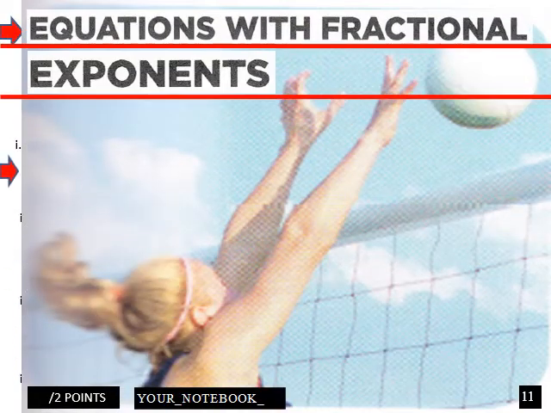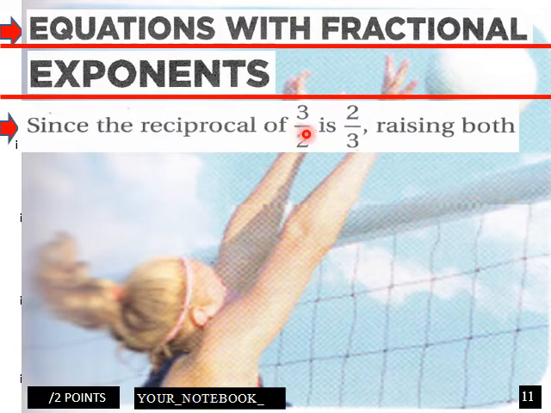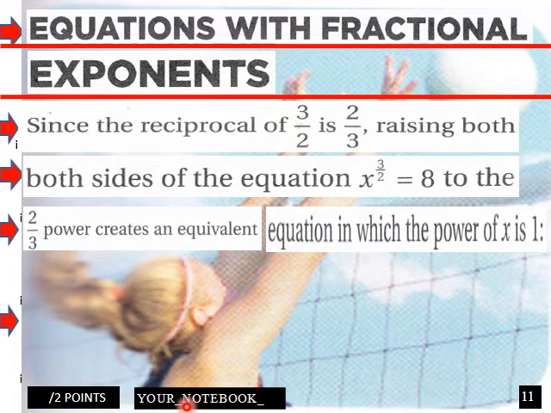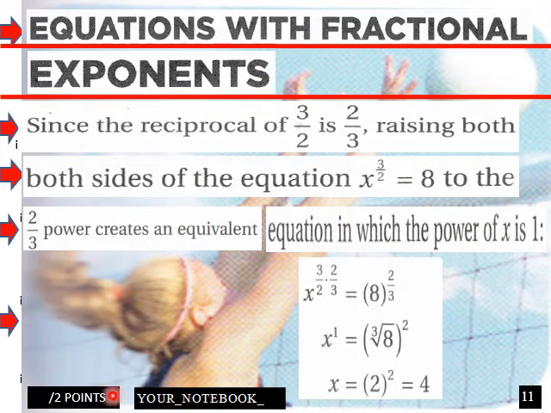the equations with fractional exponents. Since the reciprocal of 3/2 is 2/3, raising both sides of the equation, x to the 3/2 would equal 8, to the 2/3 power creates an equivalent equation in which the power of x would be 1. So in this situation here, x to the 3/2 times 2/3.